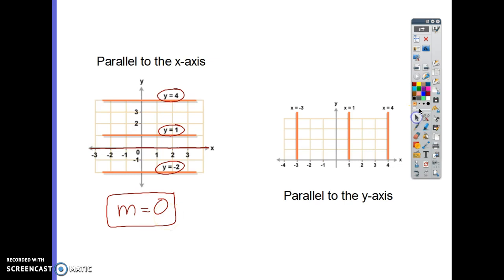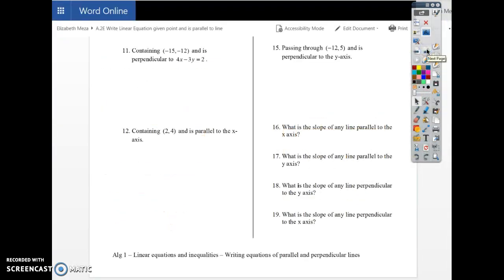Problem number 16 says, what is the slope of any line parallel to the x-axis? We just talked about it. The slope is 0, and those are y-equal lines. Okay? Write that down because you're going to need it for the other problems. Problem 17.